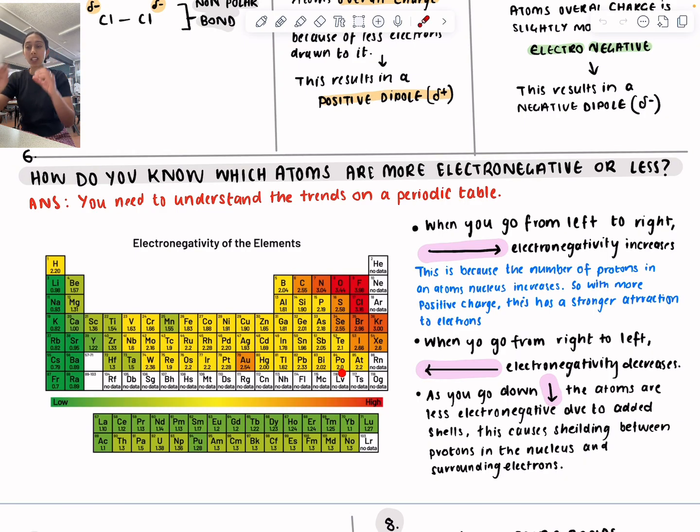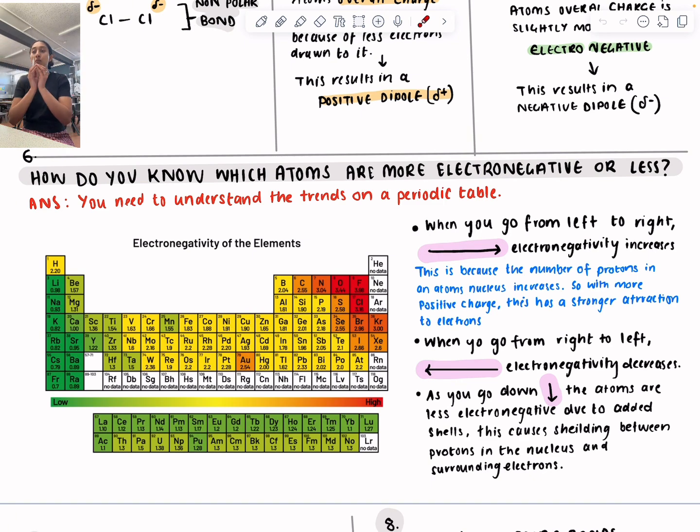And so because, if we get to these atoms down here in the bottom right, you can see that these atomic numbers are relatively large. You've got lots of protons and electrons. And so because you've got lots of electrons, you need to fit them into more shells, essentially. Okay?